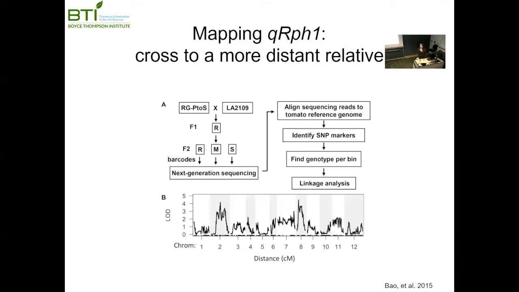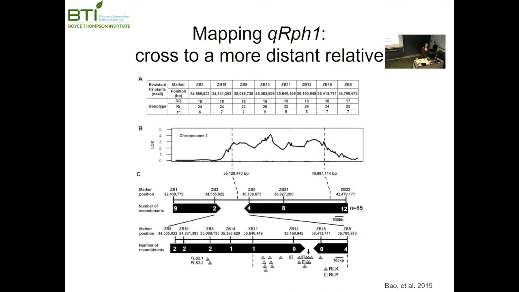In doing that, we found a region on chromosome 2 and a region on chromosome 8. The region on chromosome 8 ended up being basically the whole chromosome, and there was very little recombination there. So he decided to move forward with chromosome 2 since it was a little bit more approachable.